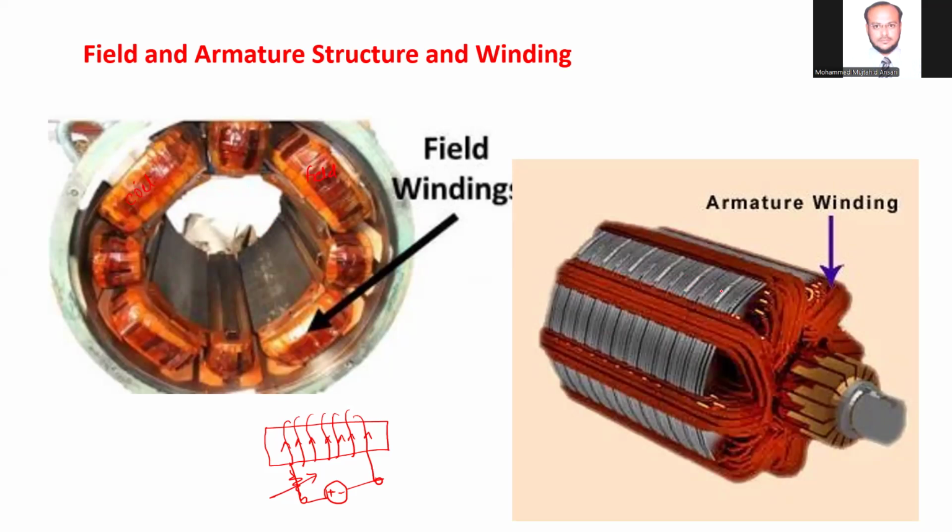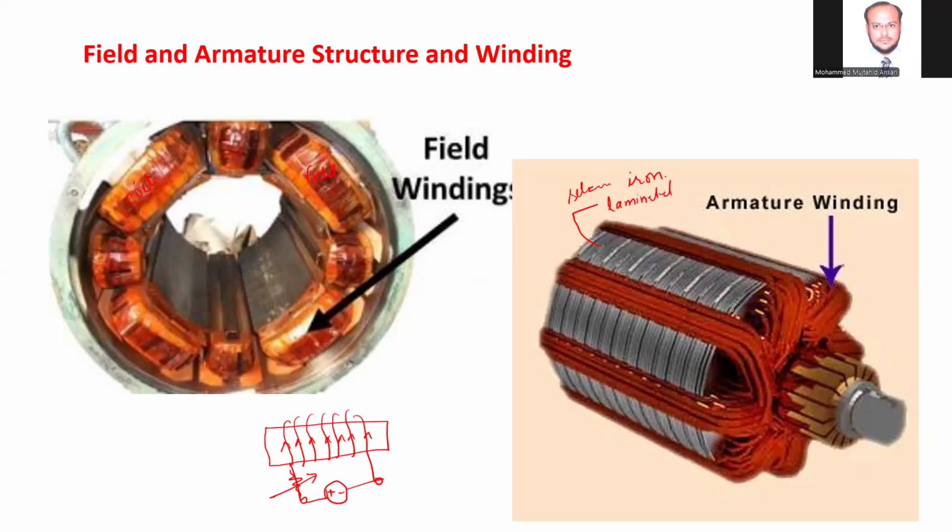And now this is the armature winding. The armature winding is the winding where EMF is induced. This is the armature structure. It is made up of silicon iron, and it is laminated. What is the meaning of laminated?